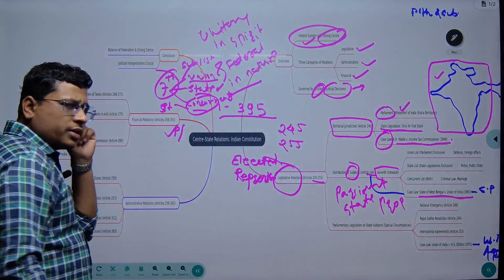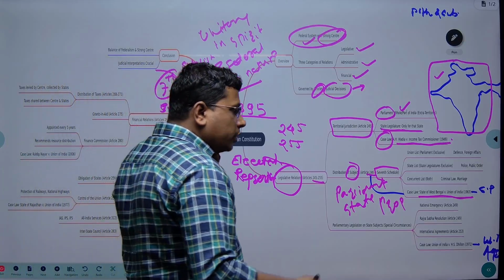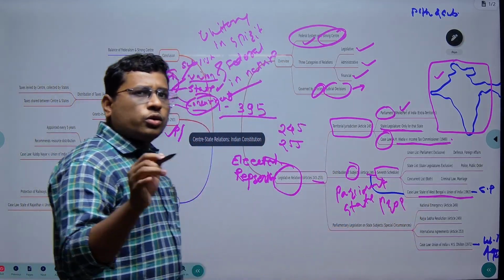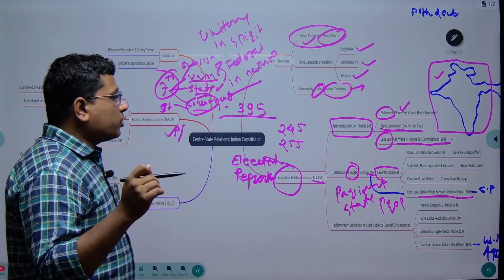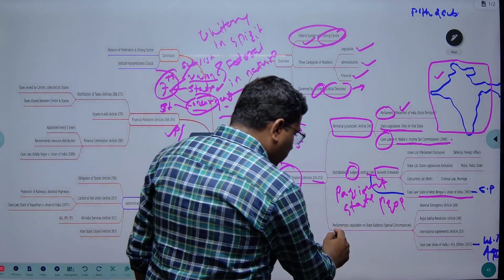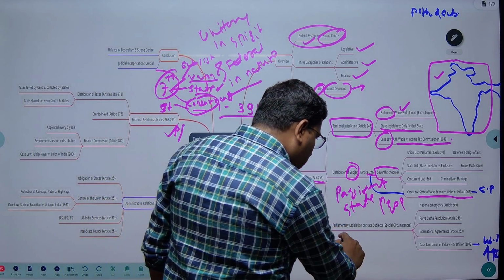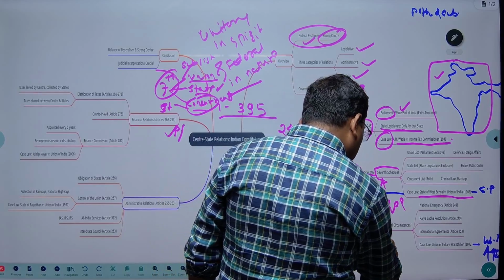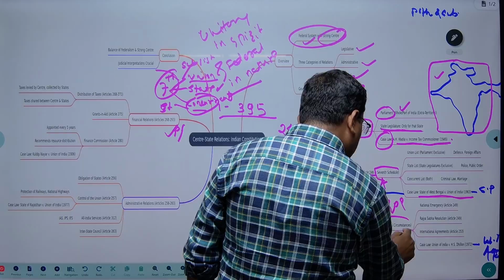Parliament has rights on the state property to make laws in certain conditions, within the constitutional boundary. So later, parliamentary legislation on state subjects is possible in special circumstances.